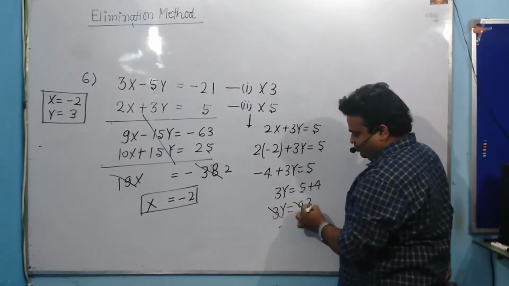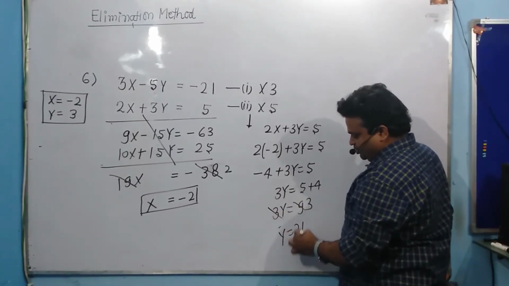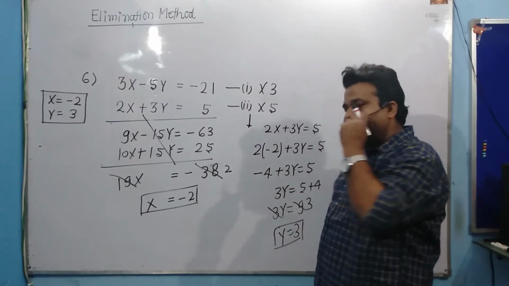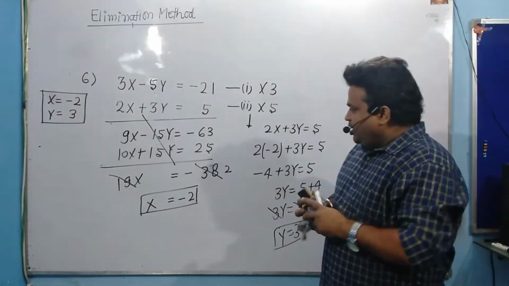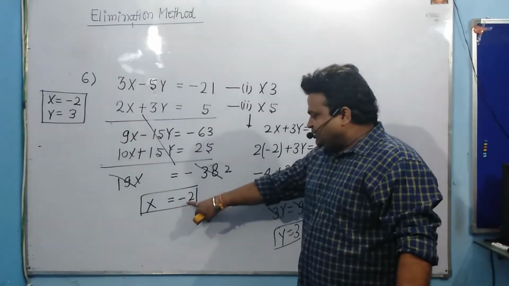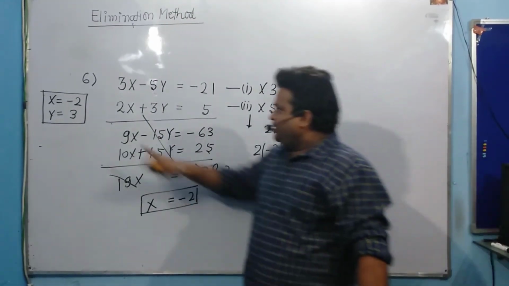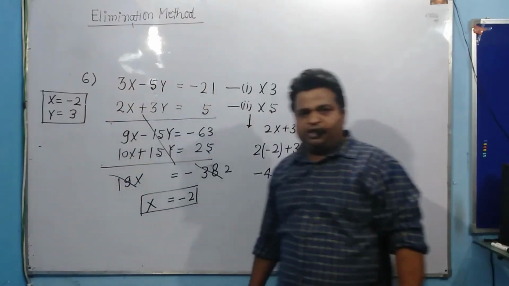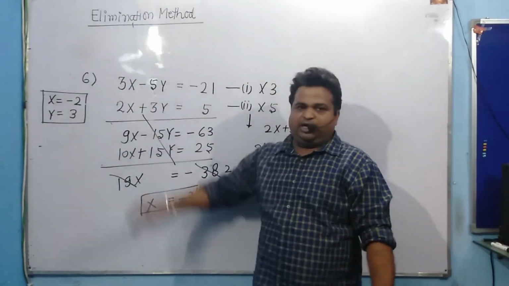So my y becomes how much? y becomes 3. Now the beauty of the equation: by equating the y variable, again you get x equal to minus 2, y equal to 3, the same as when you equate your x variable.